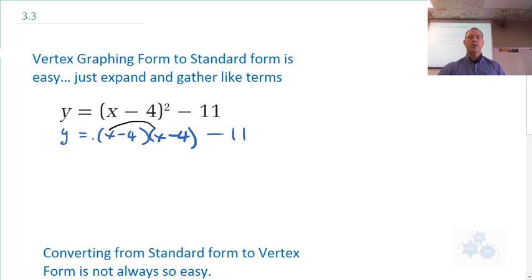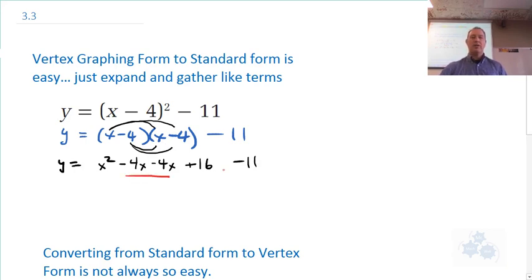Multiply the first terms. So this is x squared. O is outside terms. That's negative 4x. And inside terms, another negative 4x. And then the last terms, plus 16. So that's how you expand the middle part. Now all we do is gather like terms. I have like terms here, 2 x terms, and 2 constant terms.